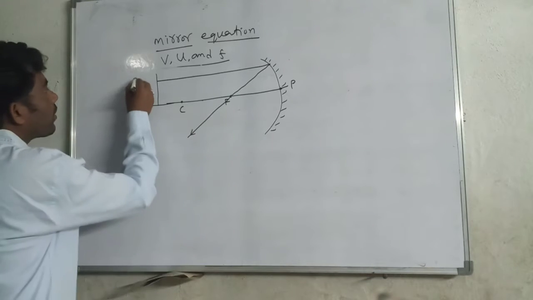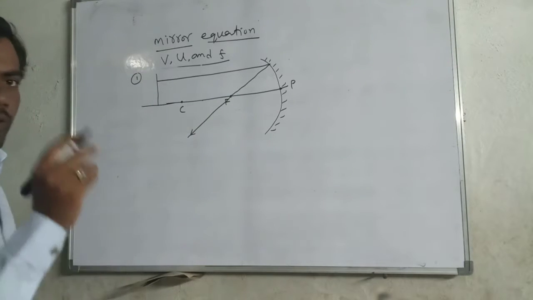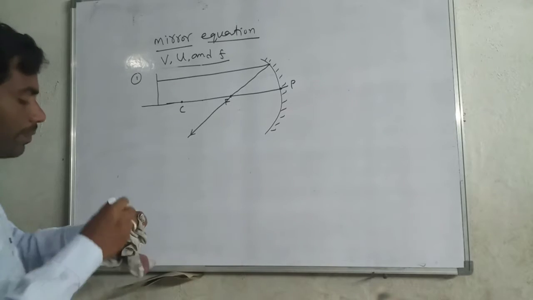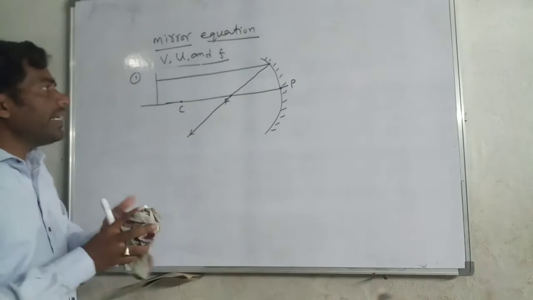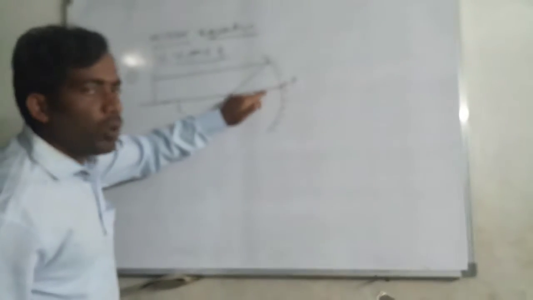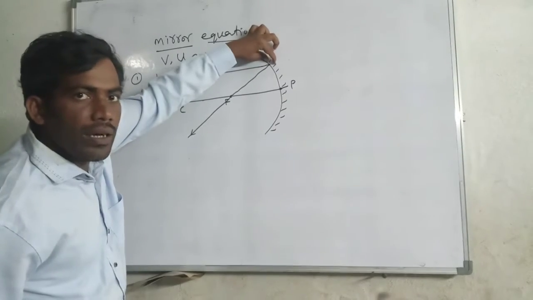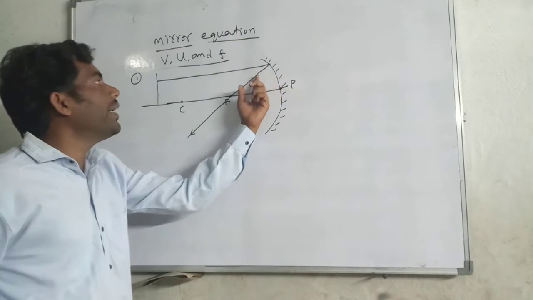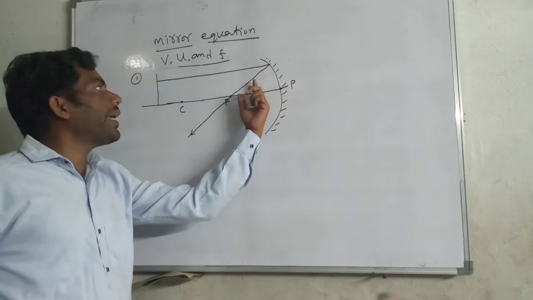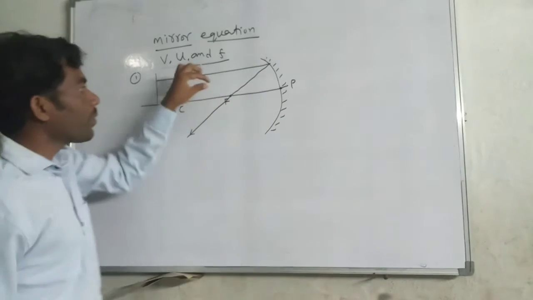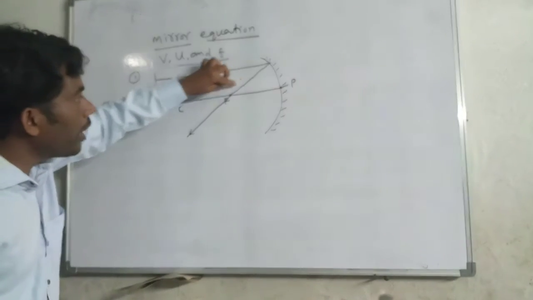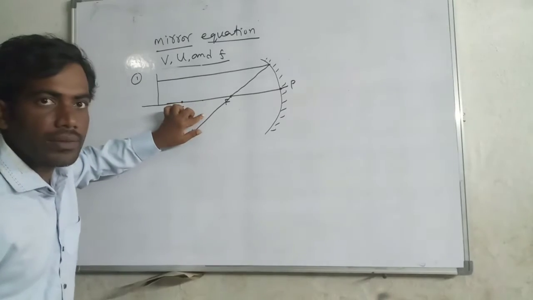This is the first point: when a light ray traveling parallel to the principal axis is incident on the mirror, the reflected ray goes through the focus point.